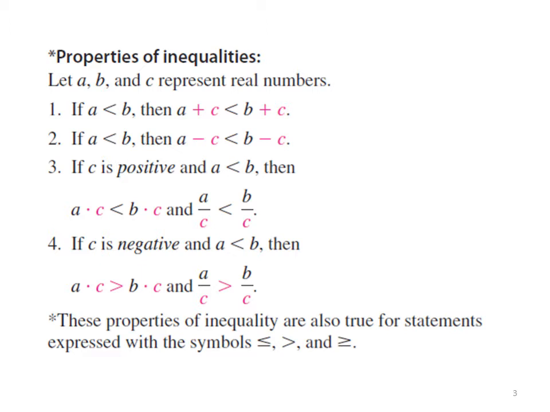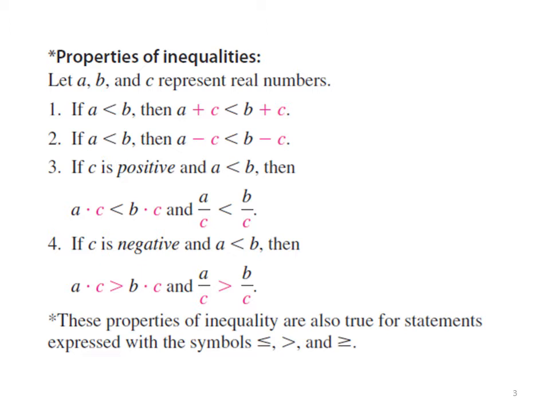Of course, we considered these properties for less than and greater than. They also work if we have less than or equal, or greater than or equal. The same rules apply. Meaning you can add a number to both sides, or subtract a number, and the inequality does not change.